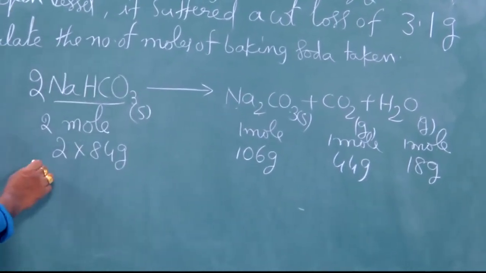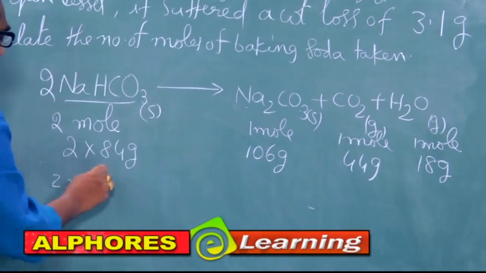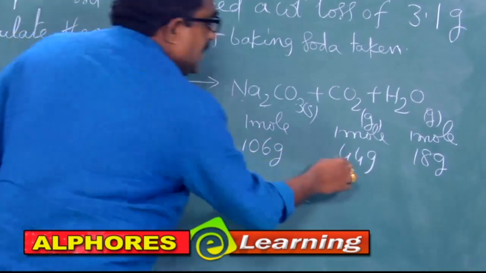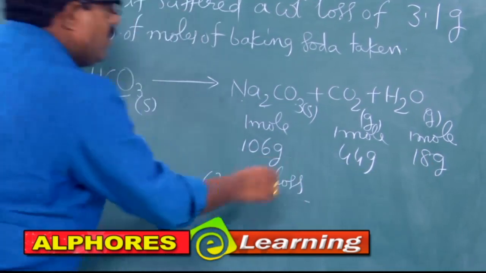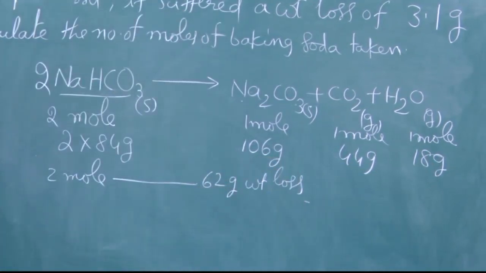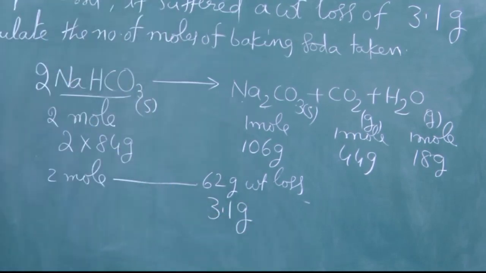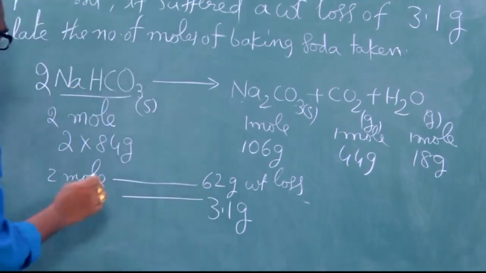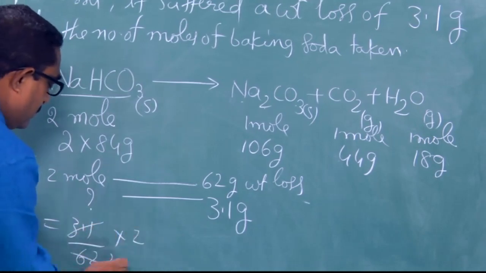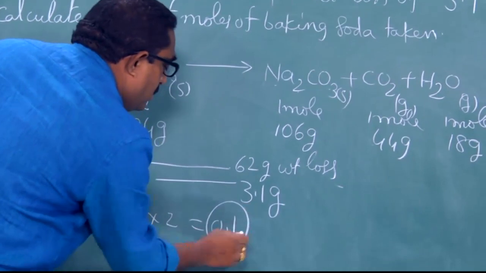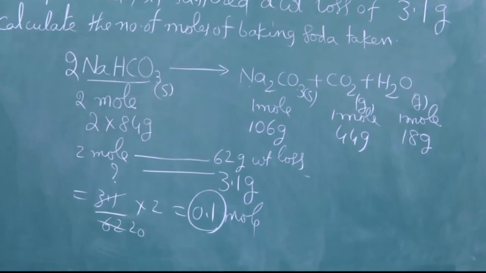Now I am writing 2 moles only, no problem. 2 moles will suffer a weight loss of 44 plus 18, 62 grams, as per the balanced chemical equation. Now, this time he has given only 3.1 grams. Then what will be the loss? So, 3.1 by 62 into 2. This is 0.1 mole. So, your answer is over, students, 0.1 mole.